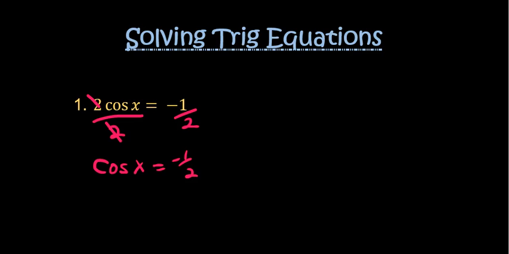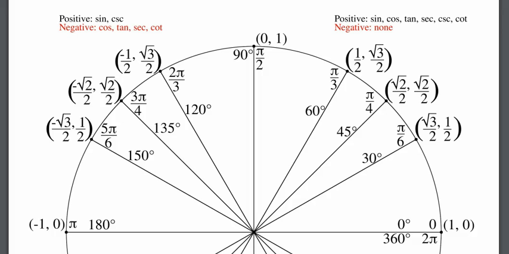Now we are going to go to the unit circle to find what angles are going to give us a cosine of -1/2. So I'm going to this free unit circle provided by embeddedmath.com. Definitely want to give them credit. Here I'm going to look for a cosine, which is the x value, of -1/2.